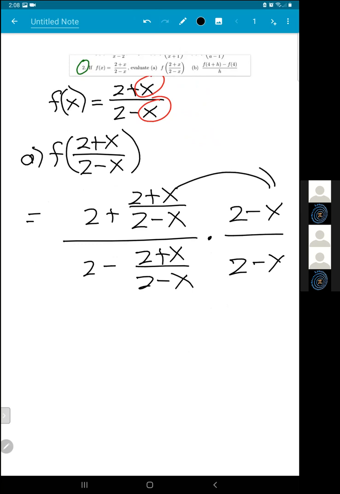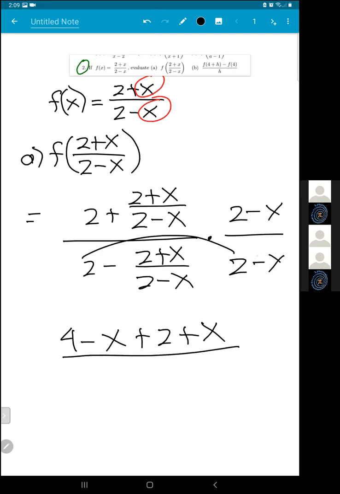Then you distribute. We will have 2 minus x times 2. Then 2 minus x times this. 2 minus x cancels out. So you just have 2 plus x. Then same thing. You'll have 4 minus x.